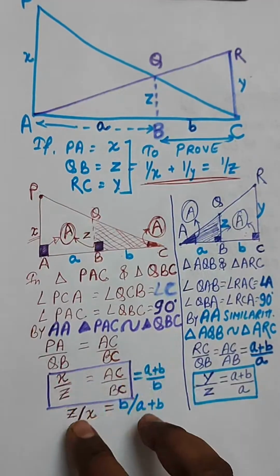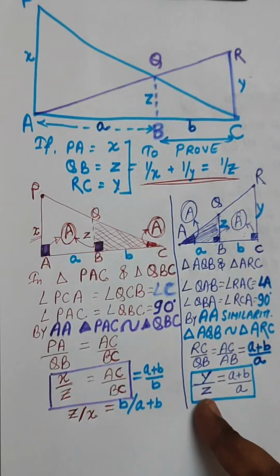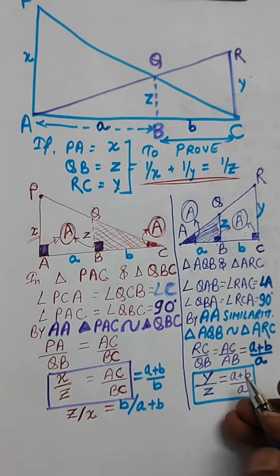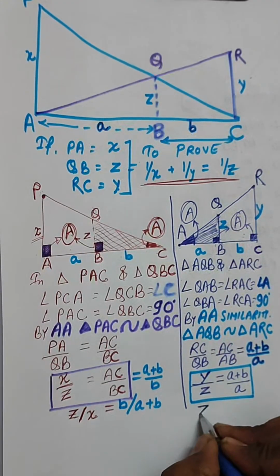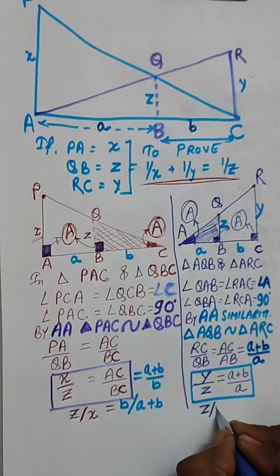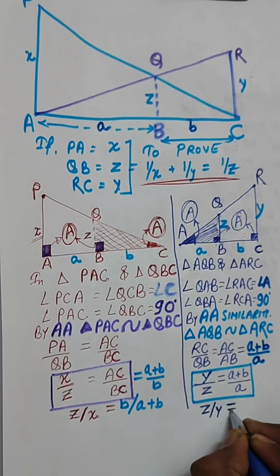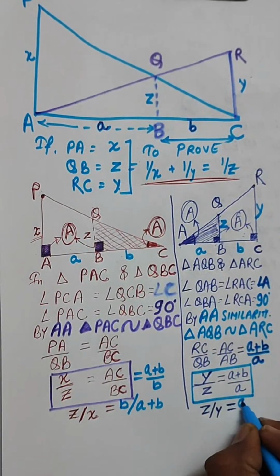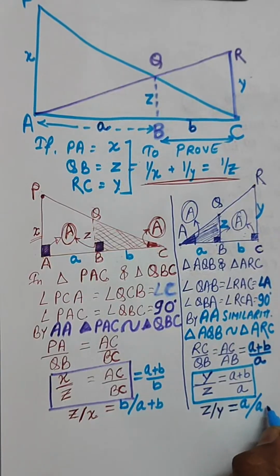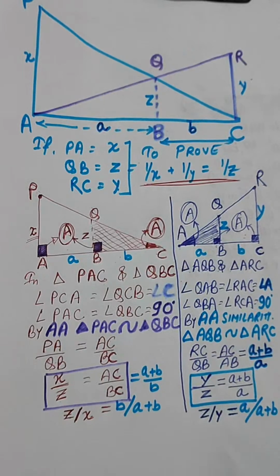We have just reversed it. Similarly here, if you reverse it, you will get the value of z by y is equal to a by a plus b, right? A by a plus b.